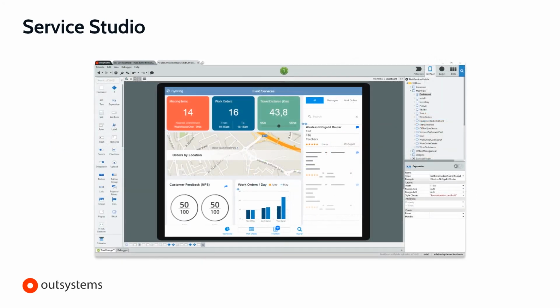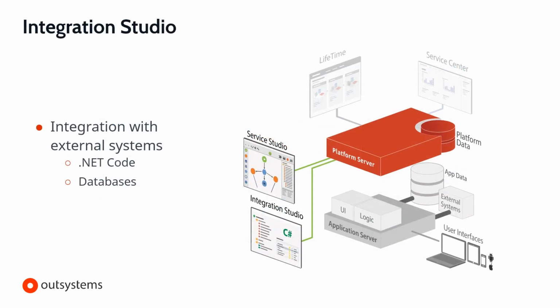Service Studio is the visual development environment that you'll be using as a developer to create great mobile and web applications. Integration Studio, another development environment, allows you to create extensions to the platform itself. Integration Studio provides a number of accelerators to integrate with external resources such as C# code and databases.